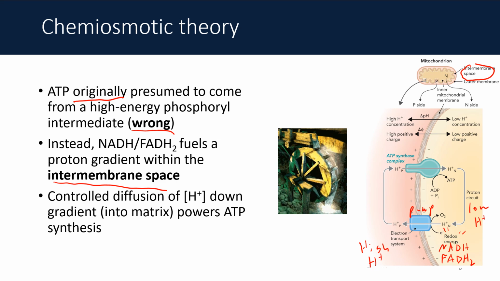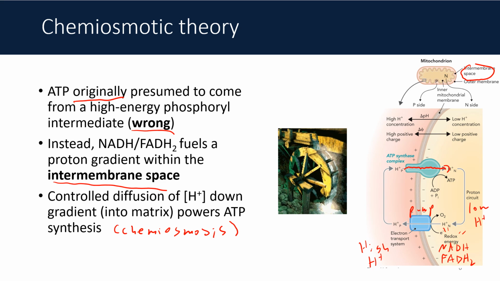And then, in a process known as chemiosmosis, we are going to have controlled diffusion of those protons back down this concentration gradient through special ATP synthase machinery.